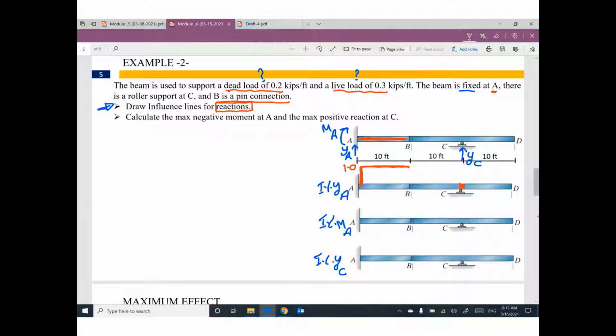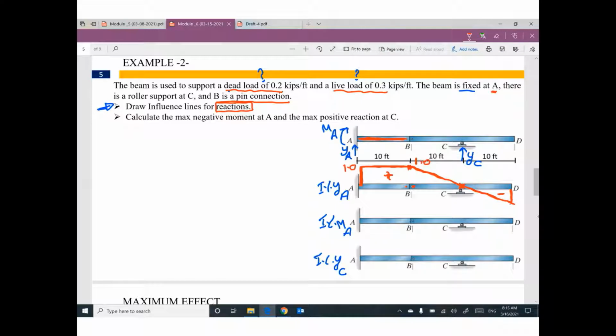This side of the connection moved up, the other side must follow it. So this side will be up. So the new shape of this part of the beam looks like this. Positive, negative, this value is 1.